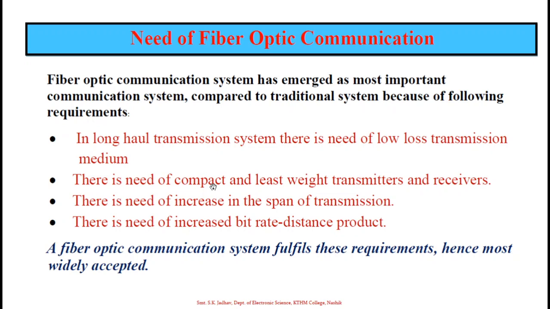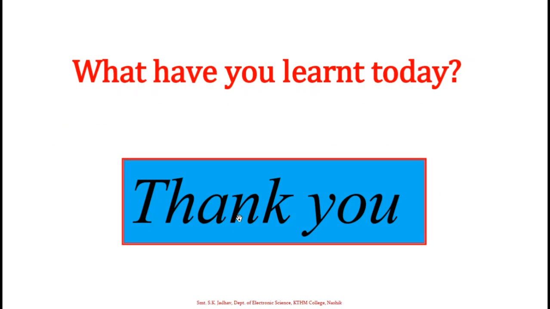There is need of compact and least weight transmitters and receivers. Then third important need is there is need of increase in the span of transmission, and there is need of increased bit rate distance product. A fiber optic communication system fulfills all these requirements and hence most widely accepted.